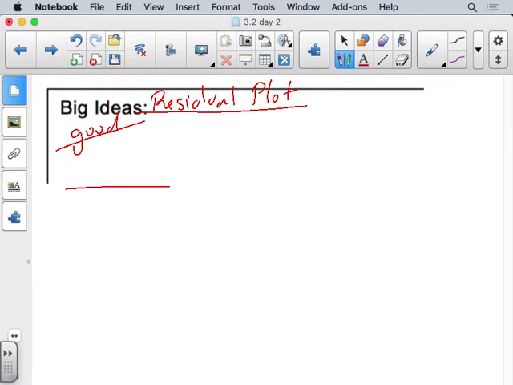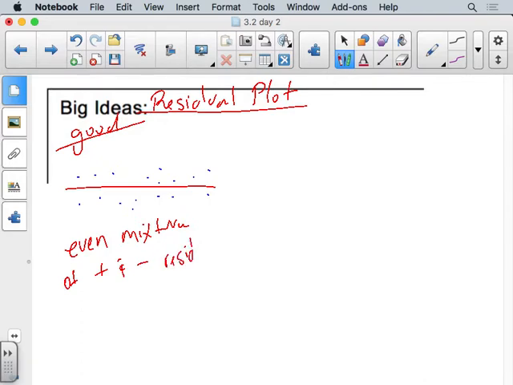So if it's good, I'm going to have an even mixture. Maybe it's not perfect, but it'll at least be somewhat mixed. So good would be an even mixture of positive and negative residuals.